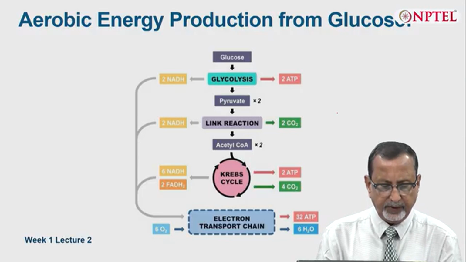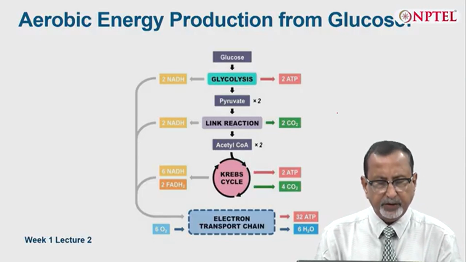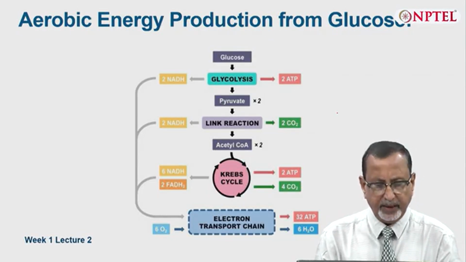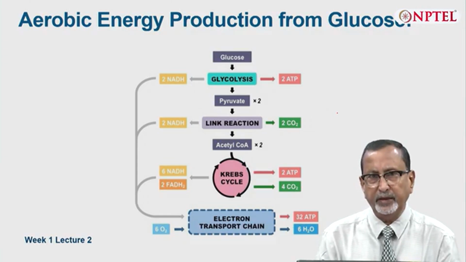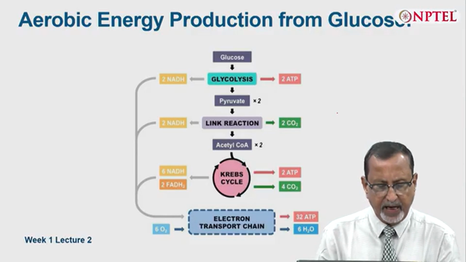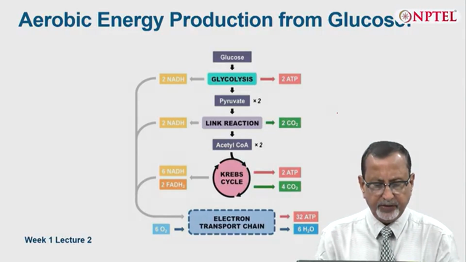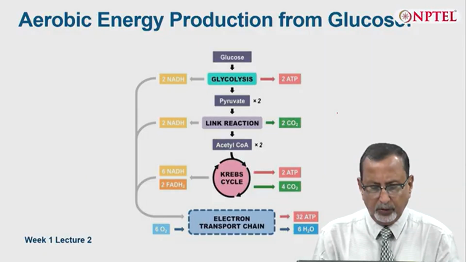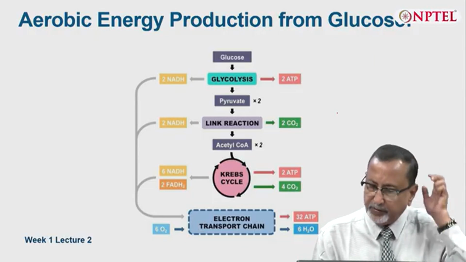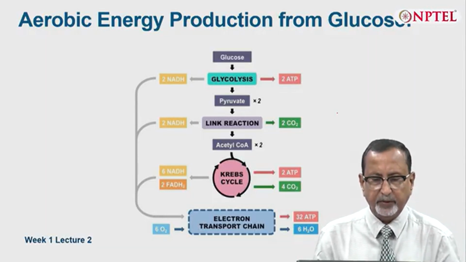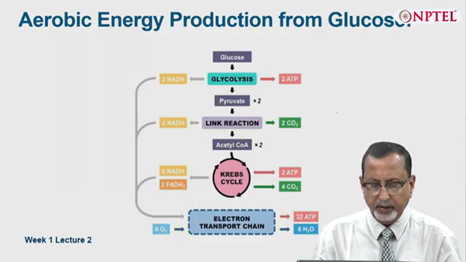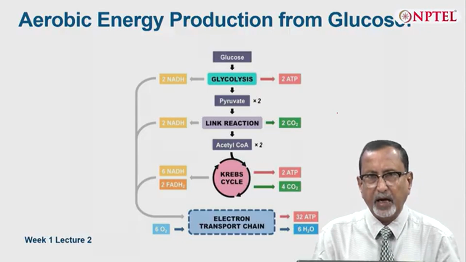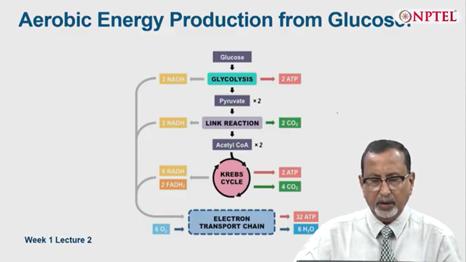How is the 32 developed? Each NADH generates 2.5 ATP, and each FADH2 generates 1.5 ATP. Then there are 2 ATP in the Krebs cycle and 2 ATP in the glycolytic process. If you add all these, you will find the total number of ATP is 32.